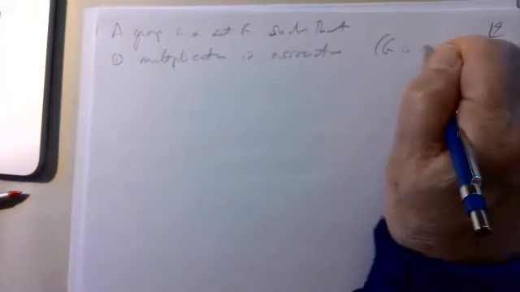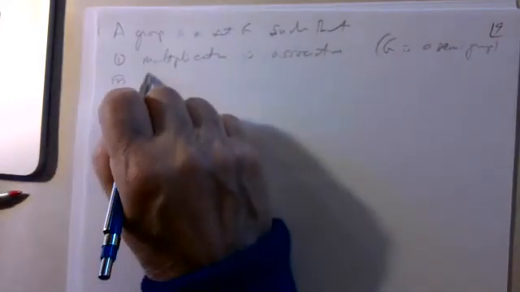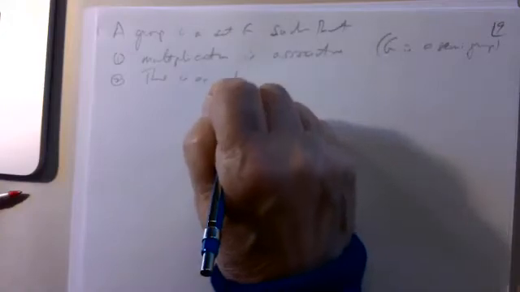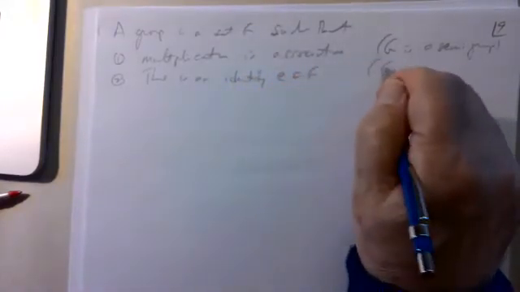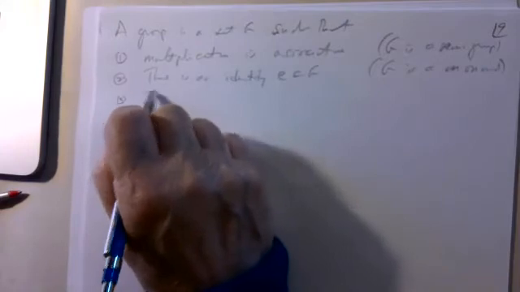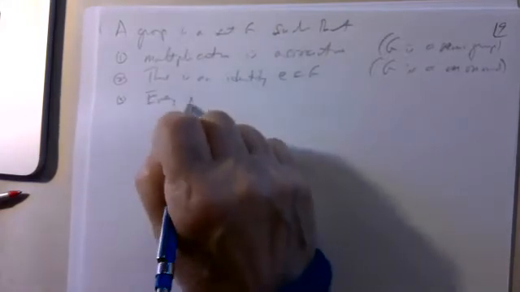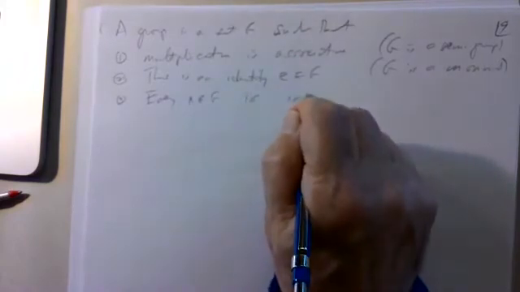So G is a semigroup. Second, there is an identity element, let's call it E, in the group. So G is also a monoid. And third, every element X in G is invertible.